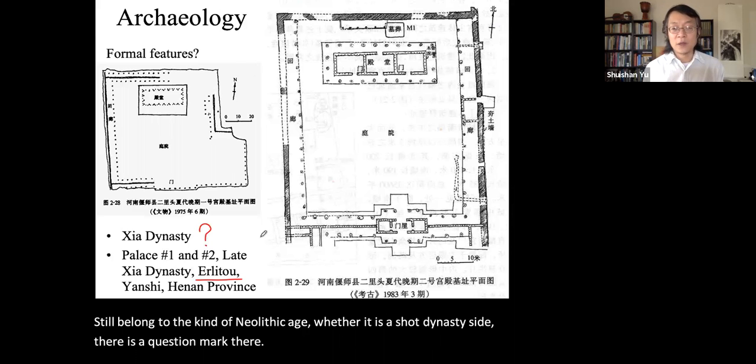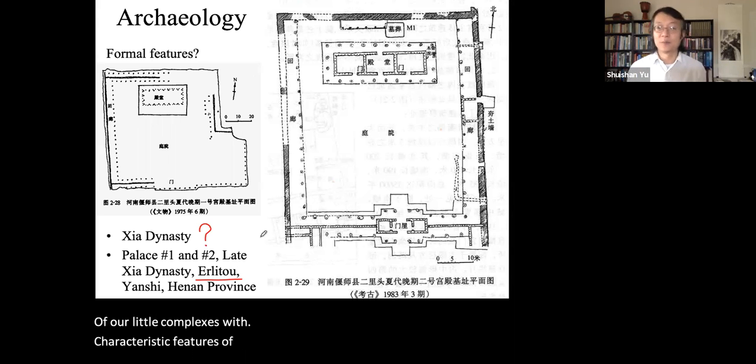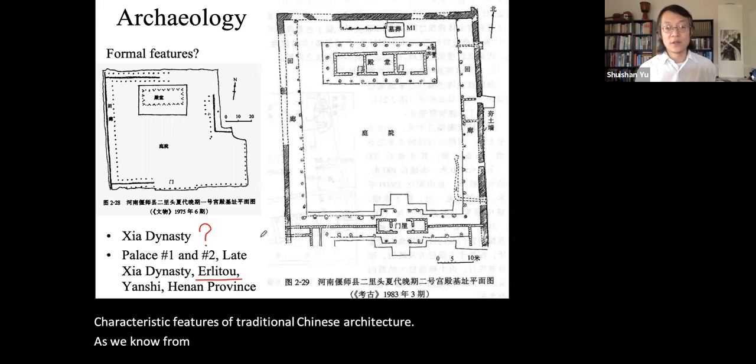But from the architectural remains, we do see a lot of similarities between the layout of the Erlitou complexes and characteristic features of traditional Chinese architecture, as we know it from the last 2000 years.